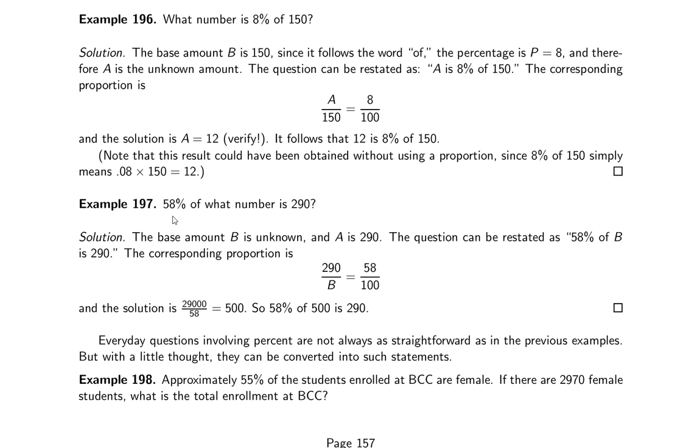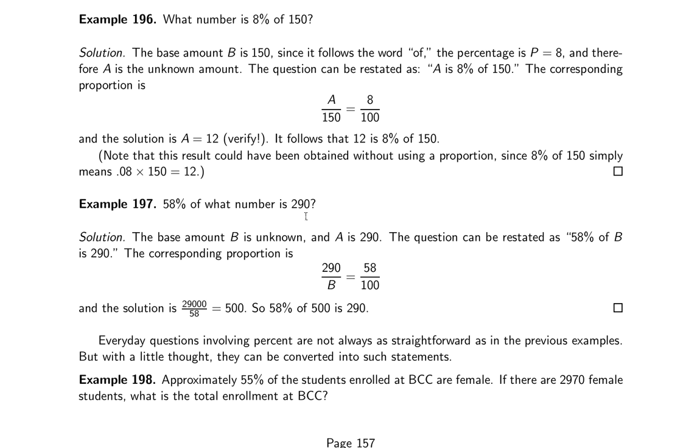58% of what number is 290? So what are the a, b, and p for this one? Well, certainly the p is 58. Is 290 the b? Well, now we can see it's kind of the order.